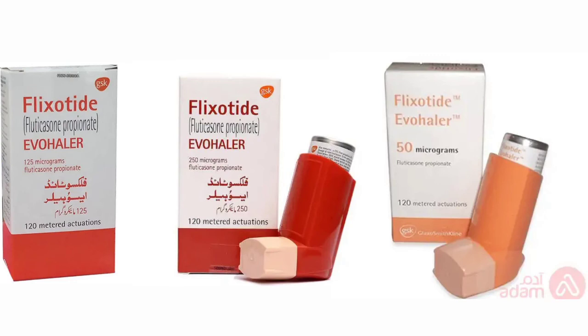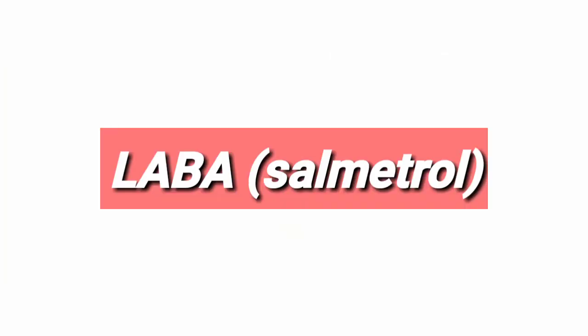So Flixotide fluticasone inhaler comes in three forms: 50, 125, and 250. 50 BD is the low dose, 125 BD is the medium dose, and 250 BD is the high dose. So in step up, as you know, in step 2 you will give him the low dose, in step 3 you will give him the medium dose, and in step 5 you will give him the high dose. So this can be given.